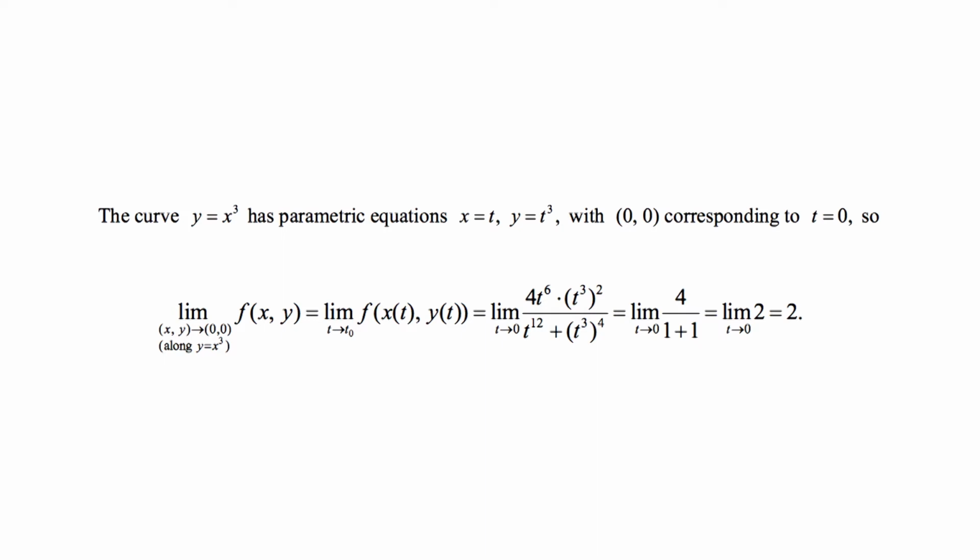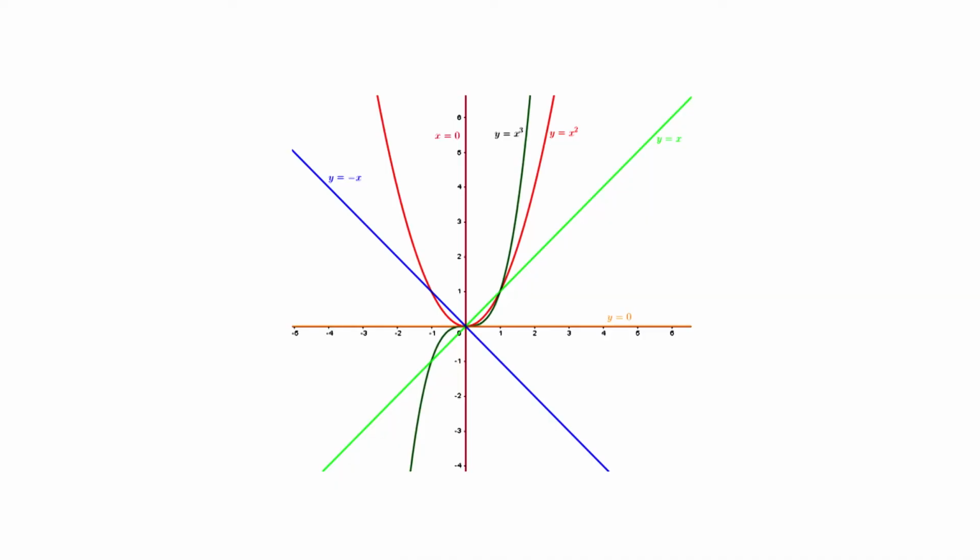to 2. The above discussion shows that when we approach the point (0, 0) along the given first 5 curves, the function values f(x, y) approach the same value 0, but when we approach the point (0, 0) along the curve y is equal to x cube, the function values f(x, y) approach the value 2.